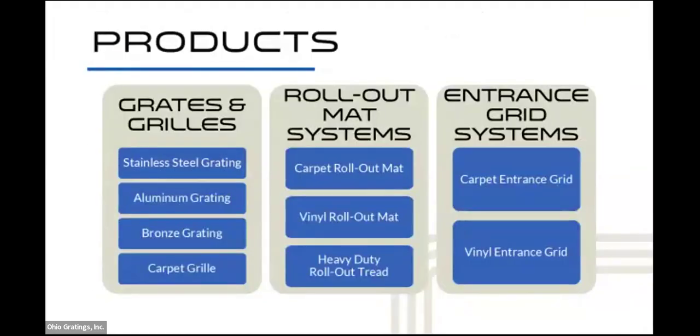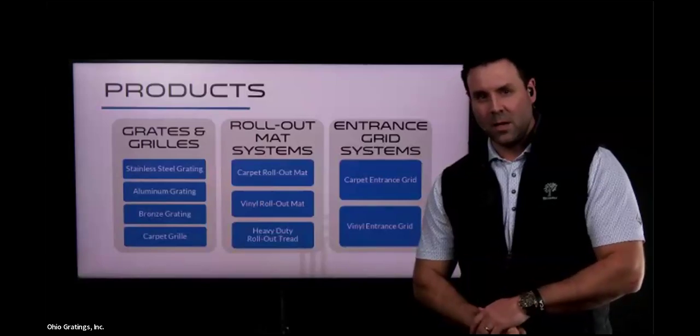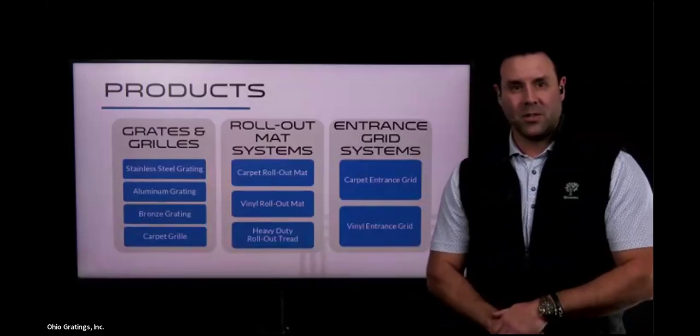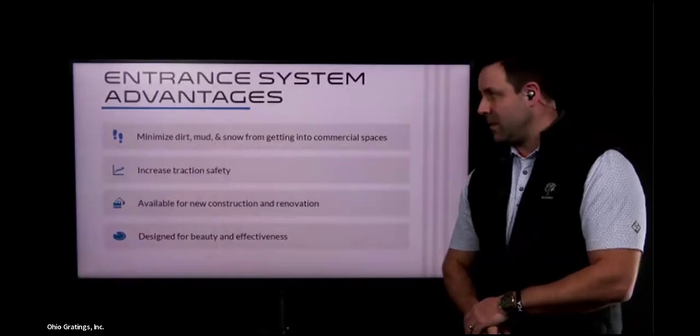You do have rollout mat systems, which is carpet rollout mats. You have vinyl rollout mats. And then you do have heavier duty options, typically called treads as well. And then you have entrance grid systems. You've got carpet entrance grid, you've got vinyl entrance grid. Again, you can have different inserts in those systems as well.